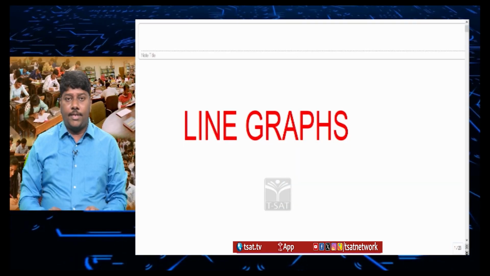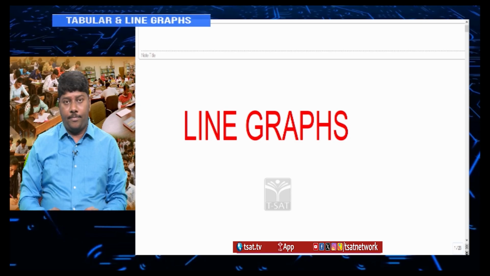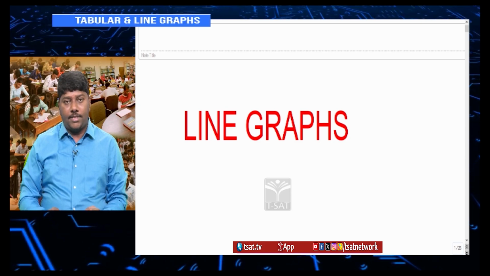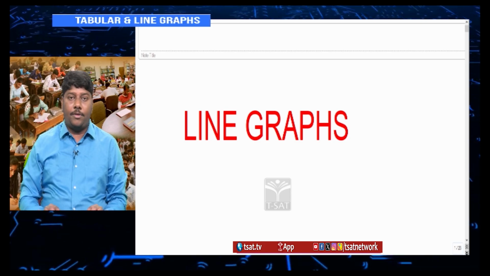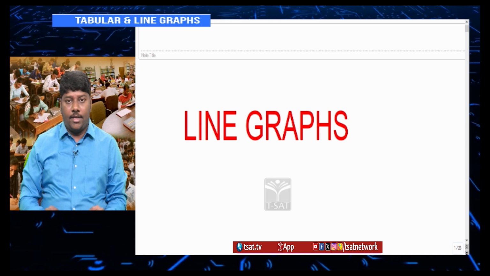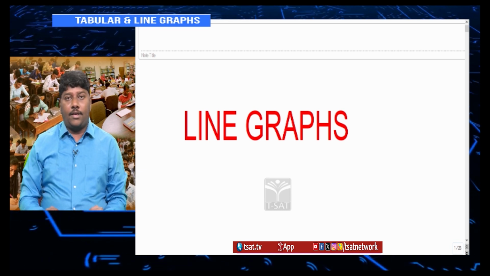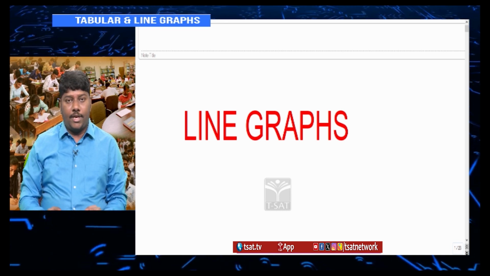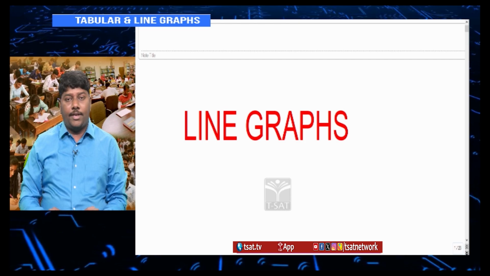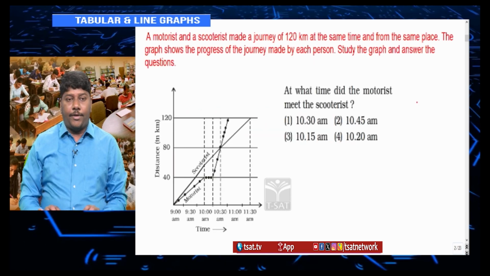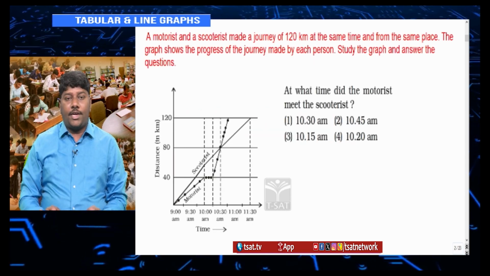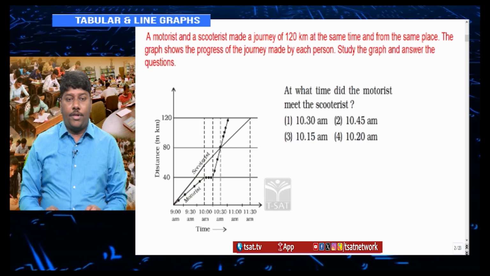Now when we come to line graphs, it is also similar to table graphs, but the representation is in lines. That's the only thing. There we represented in terms of tables. Here we are going to represent everything in terms of lines, but the way we look at the data varies. So let's look at the data given in line graphs. See the graph here, a motorist and a scooterist.